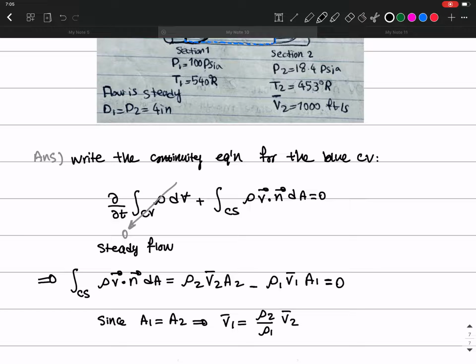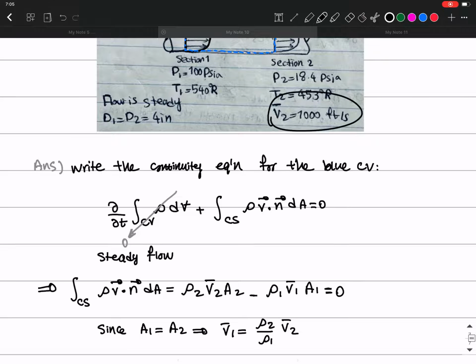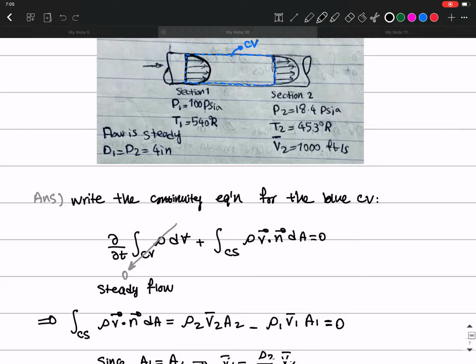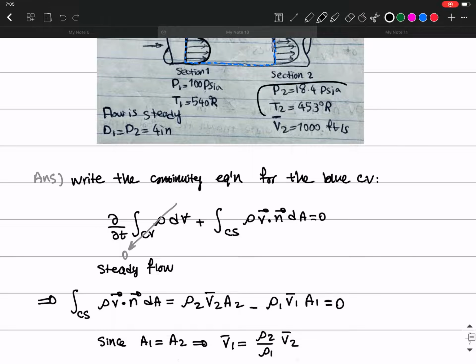Okay? And so I know v bar 2 is given, but I don't know the difference between the density of the air here and here. So rho 2, I know the pressure and also temperature.